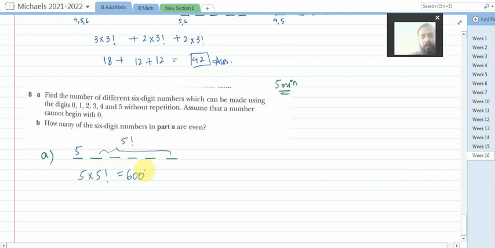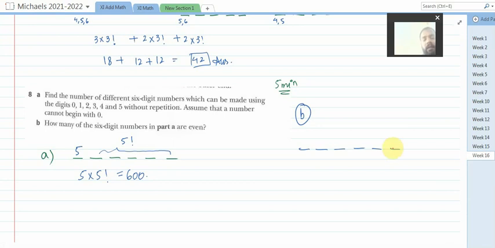Alright? Now for part B. How many of the 6-digit numbers in part A are even? If the number is even, the possible outcomes for the last digit are either 0, 2, or 4. So there are 3 possible outcomes for the last digit, so we need to multiply by 3.